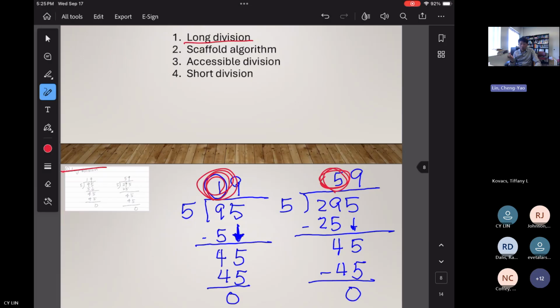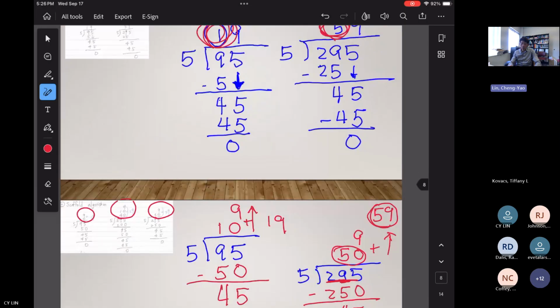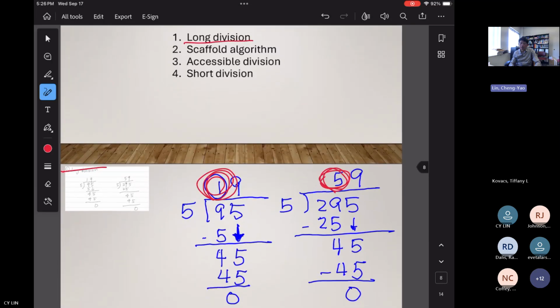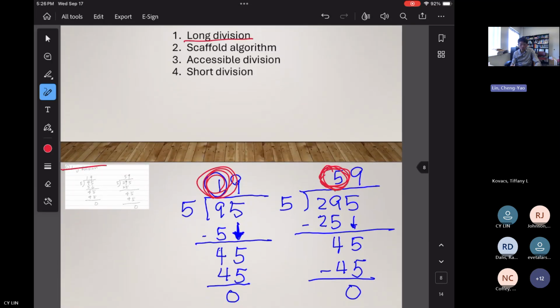Long division, you have no choice. If it hits 5, it has to be 5. If it's 7, it has to be 7. It's not flexible at all, right? But the scaffold method or accessible division, they are more flexible. Children will not struggle with what's the first number we have to fill in. Are you with me for this?